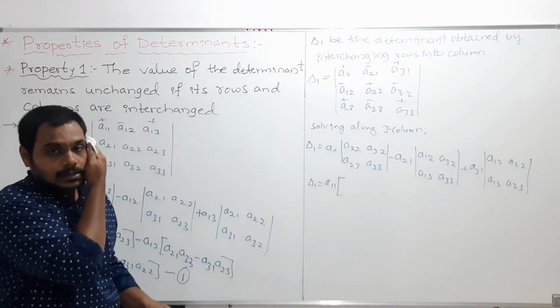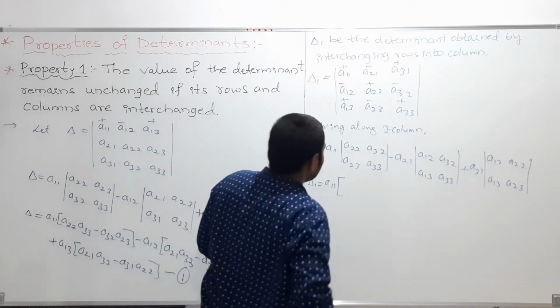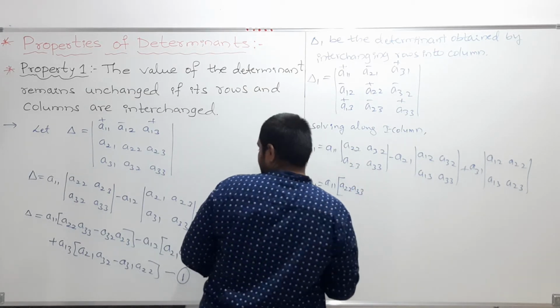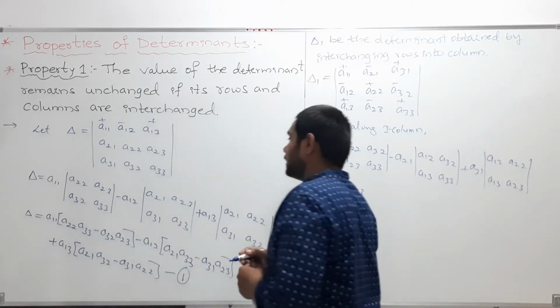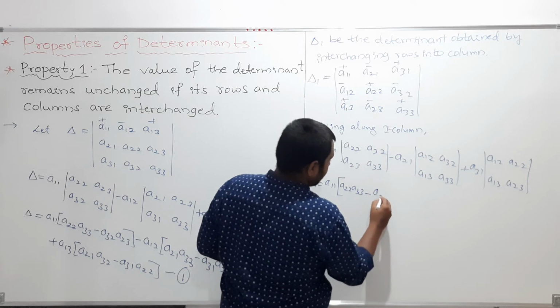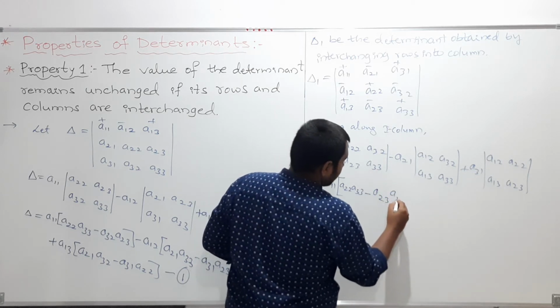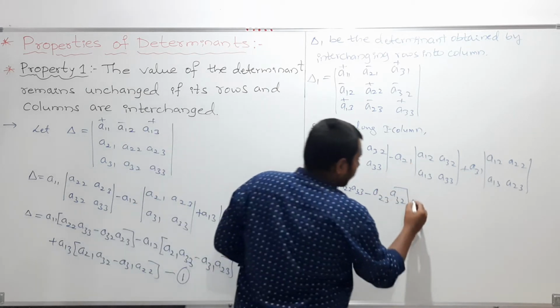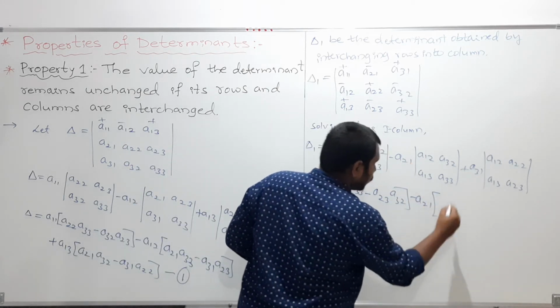So we get A22 into A33, and minus A23 into A32. Clear? Next, minus A21.